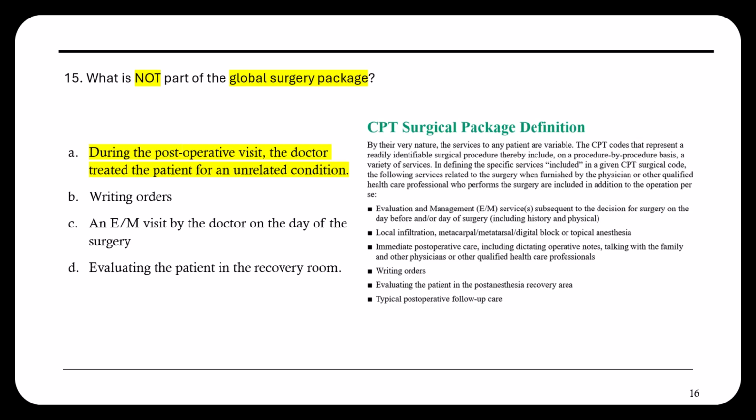Immediate post-op care, including talking to the family or doing other things, writing orders is there, and evaluating the patient in the post-anesthesia recovery room. So that's part of it too. So the only one that's not part of the global surgery package has to do with during the postoperative visit, the doctor treated a patient for an unrelated condition.